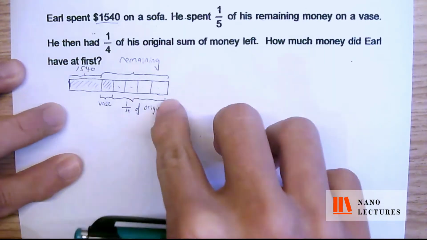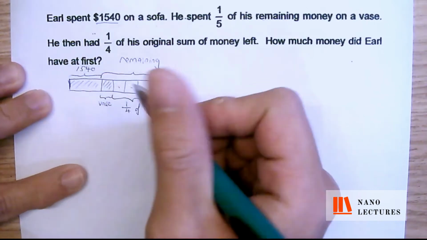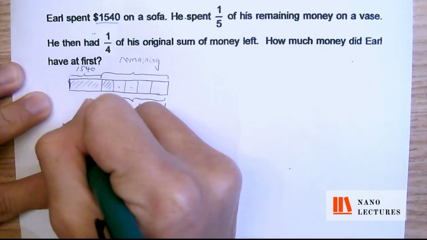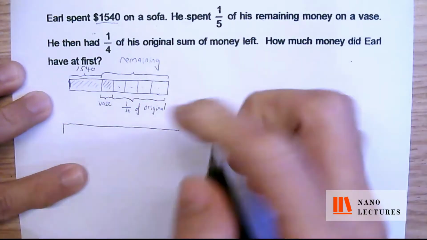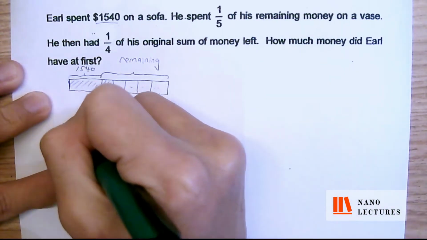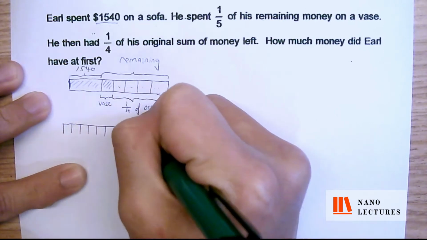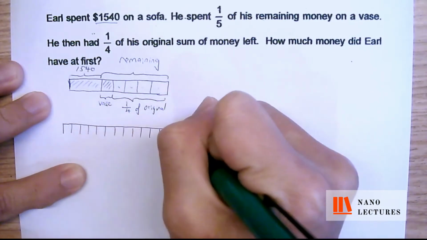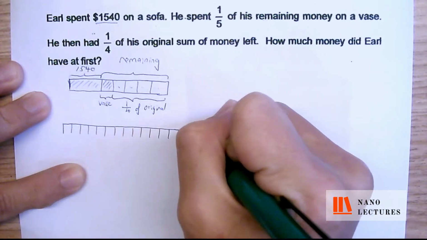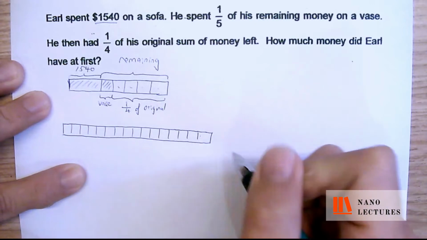Okay, so if total has 16 units, I'm going to draw another model right now, which will make more sense. I'm going to draw 16 units altogether. 1, 2, 3, 4, 5, 6, 7, 8, 9, 10, 11, 12, 13, 14, 15, 16. 16 units.